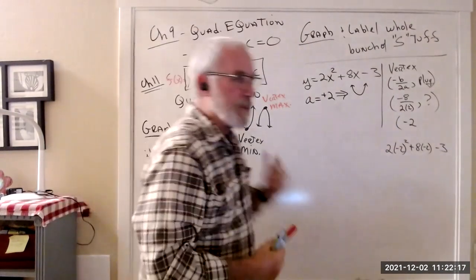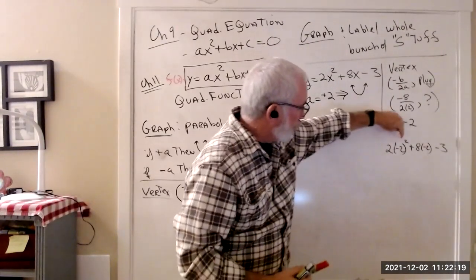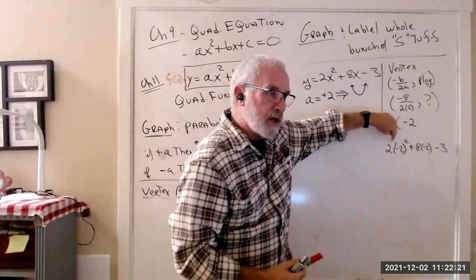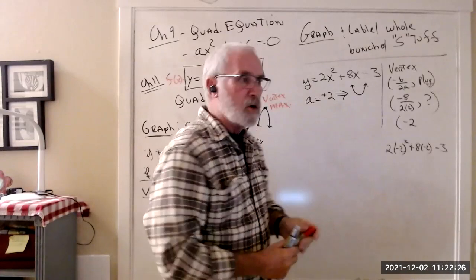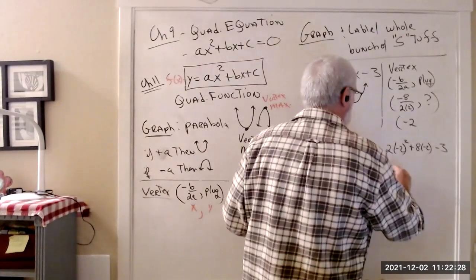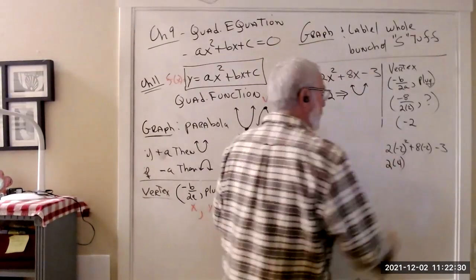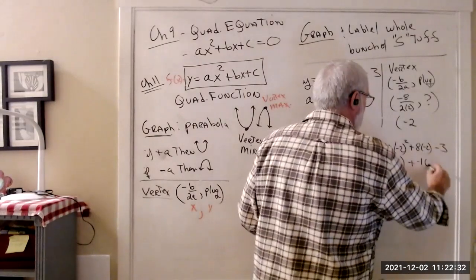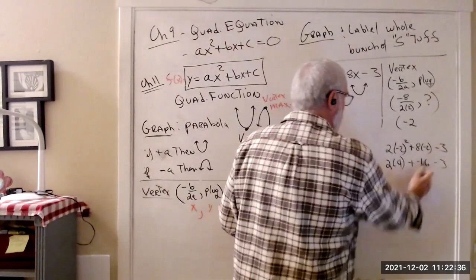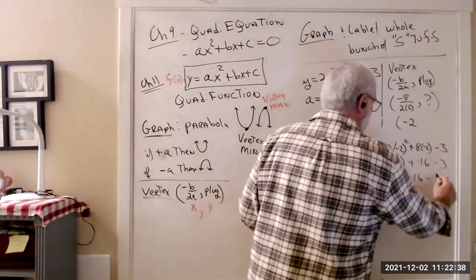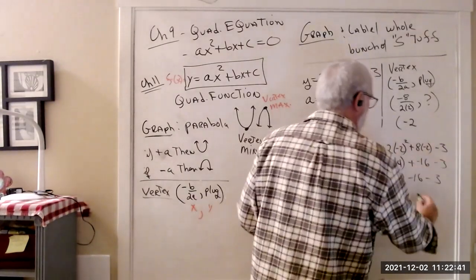First off, PEMDAS says we have to square this first. Negative 2 to the second power is positive 4. So this is 2 times positive 4 plus negative 16 minus 3, 8 minus 16 minus 3, negative 8, I get negative 11.